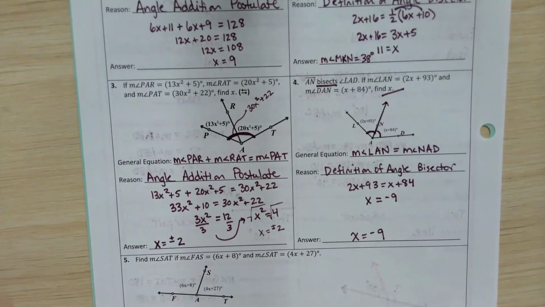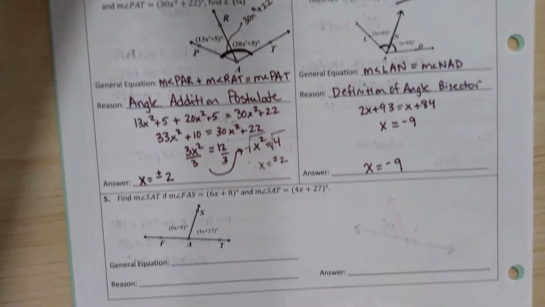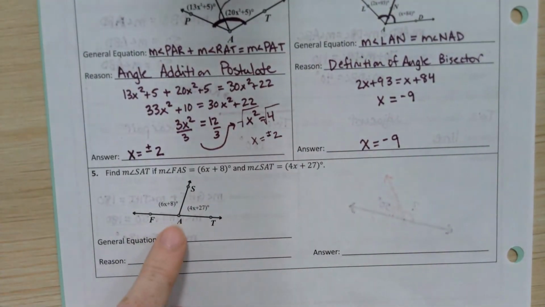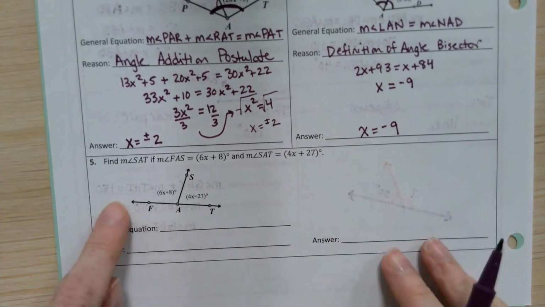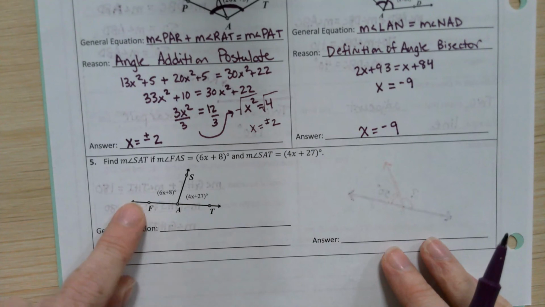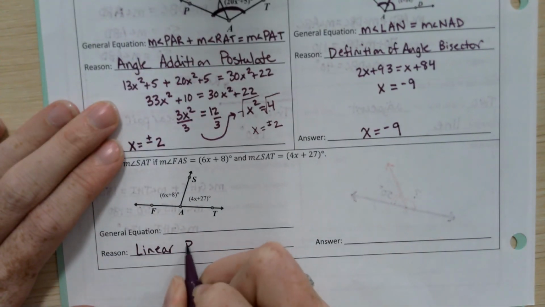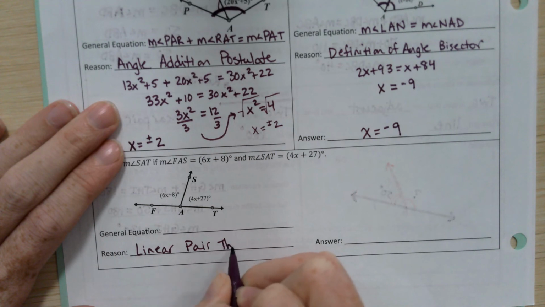Okay, one last example. Example number 5, and when I'm looking at this diagram, I see something different than all of the others. There's that nice straight line. So this last problem is going to be our example of linear pair theorem.